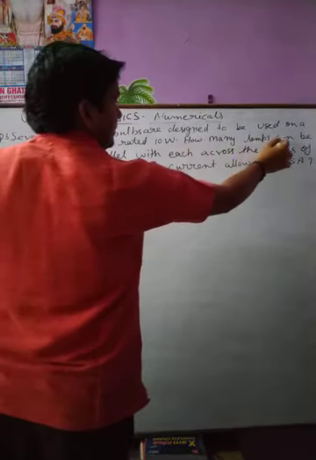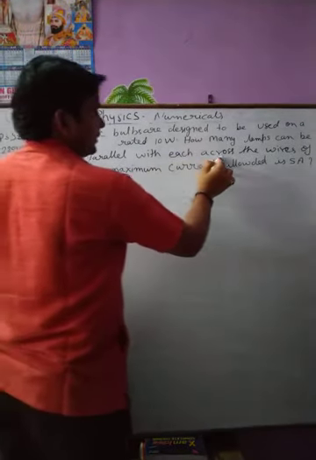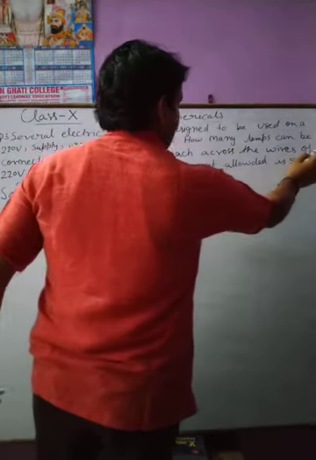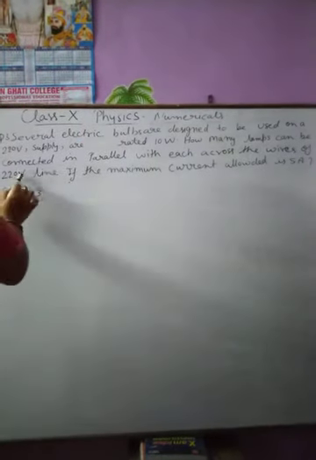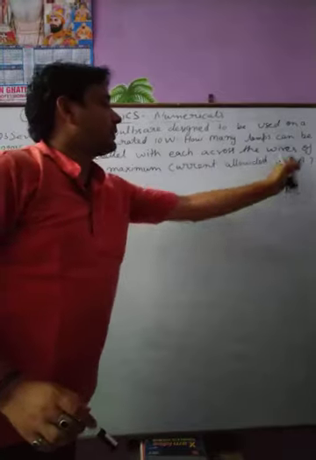How many lamps can be connected in parallel across the wires of a 220 volt line if the maximum current allowed is 5 ampere?